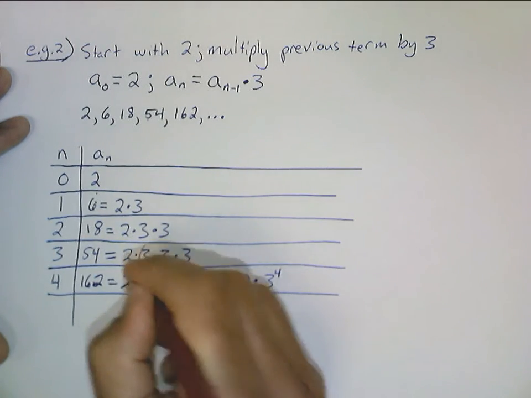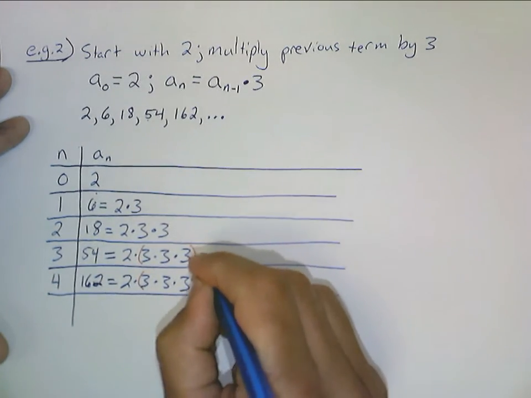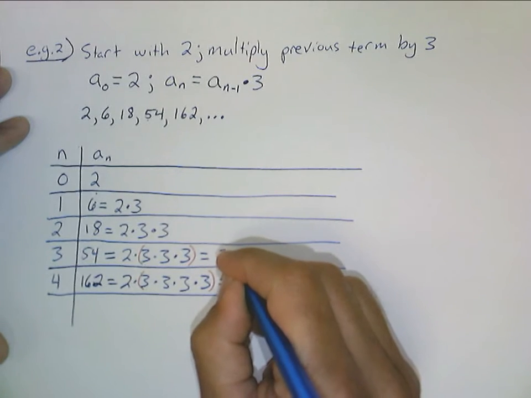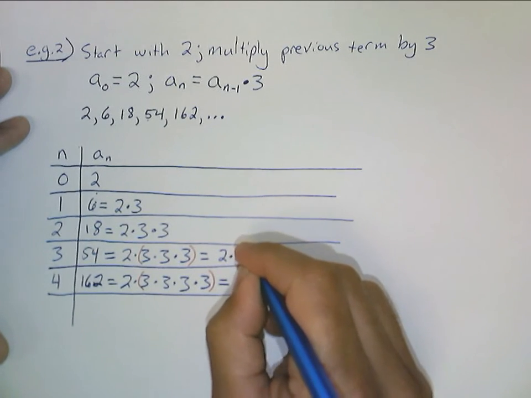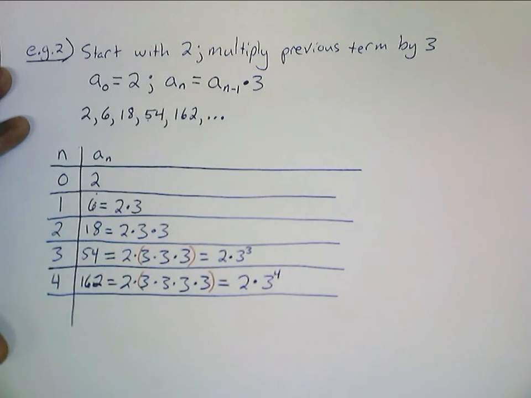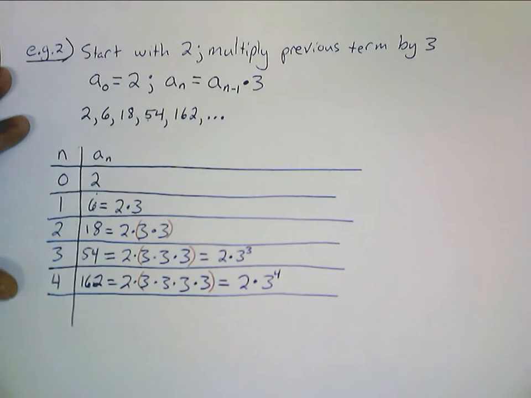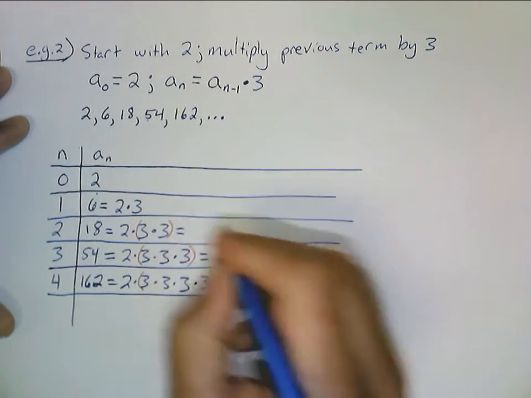Similarly here, notice we have 3 3's multiplied together. So this is going to be actually 2 times 3 to the power of 3, or 3 cubed. Here, 3 times 3 is, of course, 3 squared.